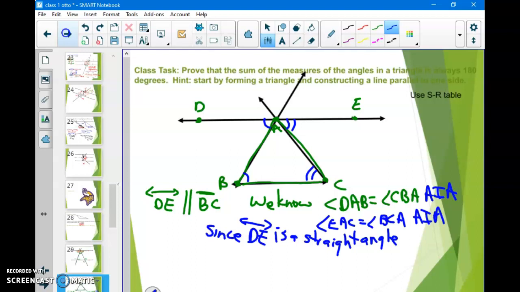Well, because the angles of a triangle add up to 180 and the straight angle adds up to 180, it's a nice substitution there, which is equal to 180. I'm going to put that in there. So I'm going to say that angle BAC plus angle ACB plus angle CBA is equal to 180.